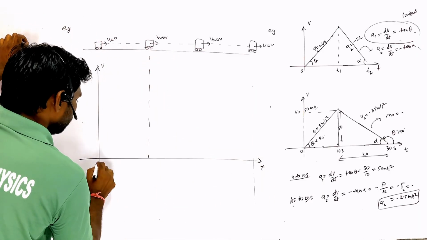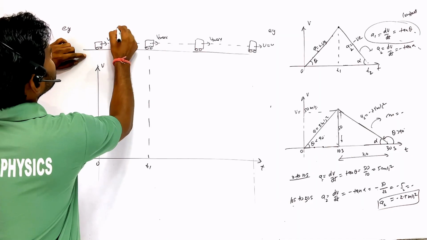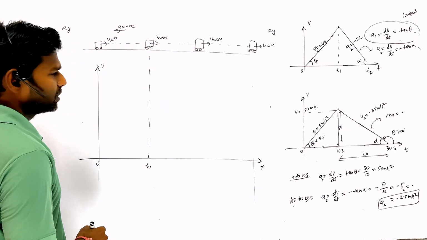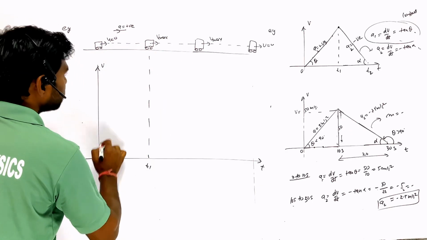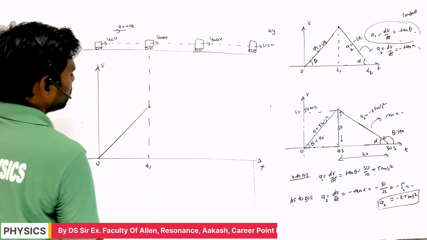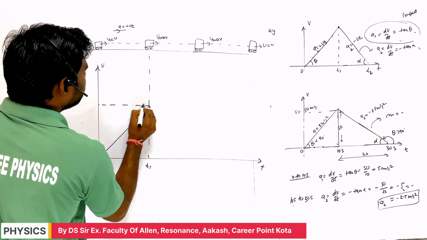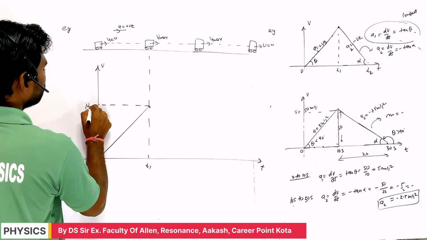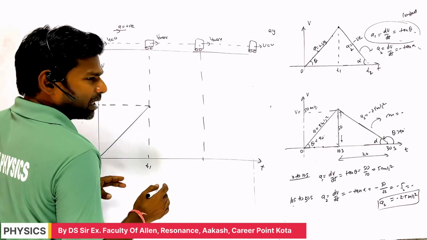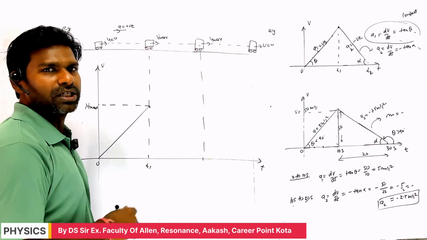Listen, one thing: from 0 to t1, the velocity is increasing and the acceleration is positive, therefore the velocity is increasing continuously and linearly. Suppose the acceleration is positive and constant, so the velocity of the car increases continuously and becomes maximum. You understand or not? After that, for some time between the two stations, it is not that the velocity is continuously increasing.